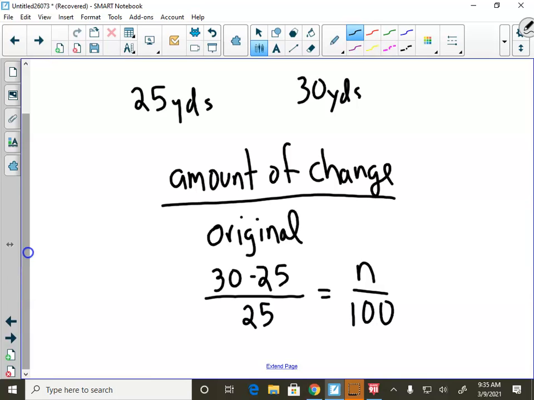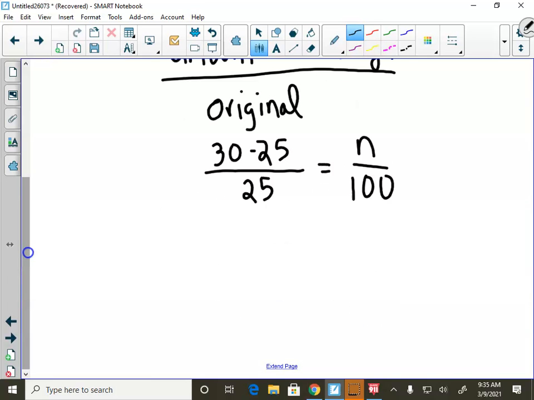If you remember from percent proportions, this is how we set it up. Now we'll simplify this: 30 minus 25 gives us 5 over 25, and that's going to be equal to some percent. Now, normally I'm all about reducing the fractions to make the problem easier.